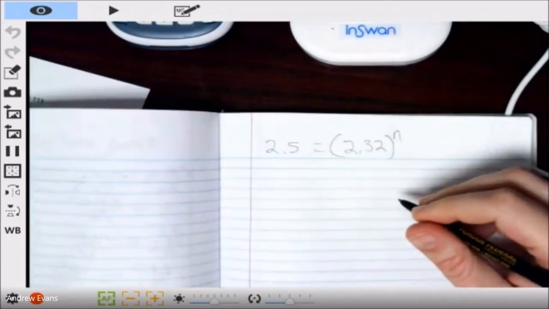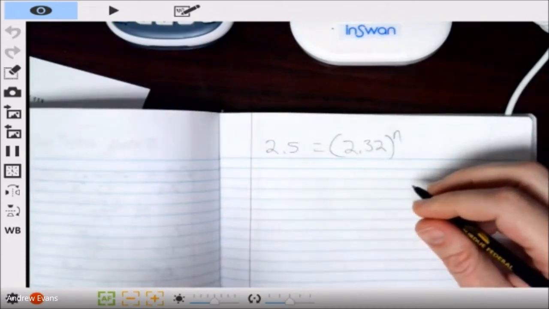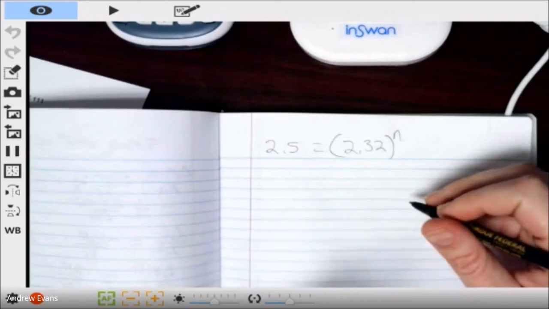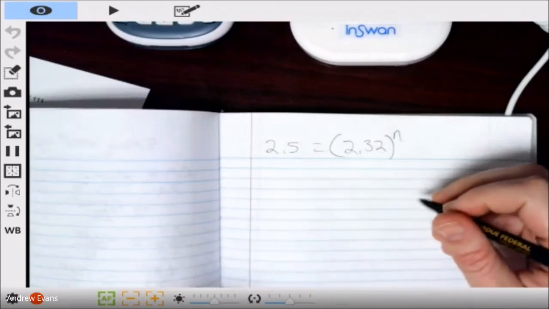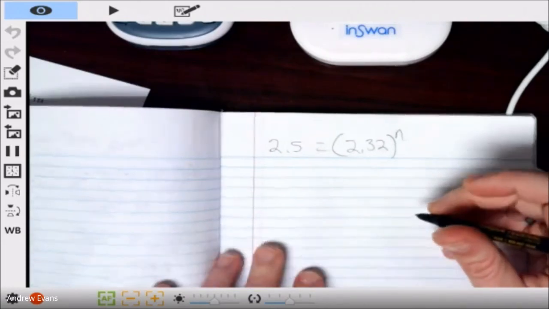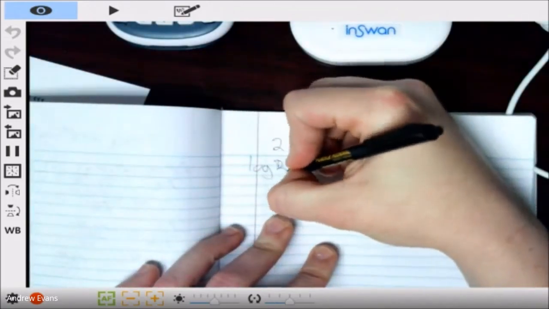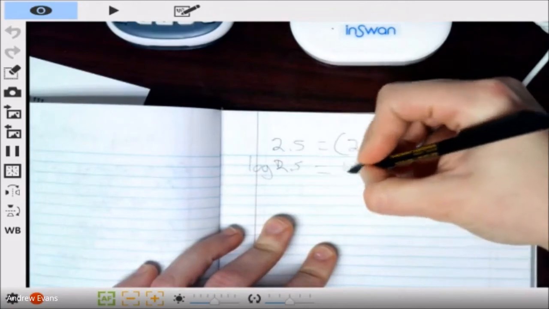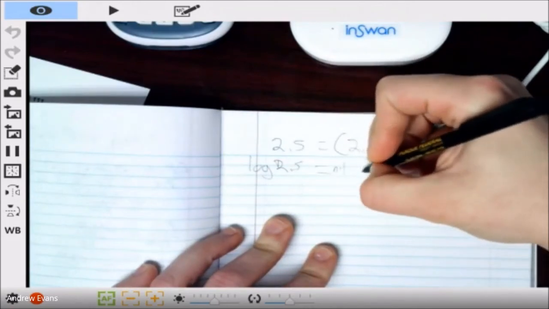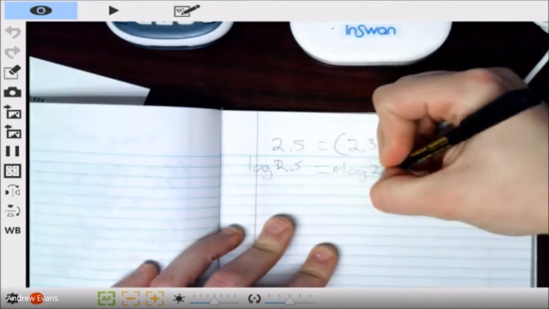Because maybe we're using real world numbers, where it's not so perfect. Yes, they're pretty darn close. N is essentially going to be 1. But how do we do that? So we're going to say log of 2.5 equals n times log of 2.32.